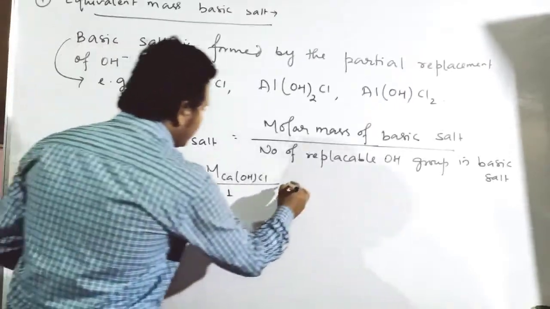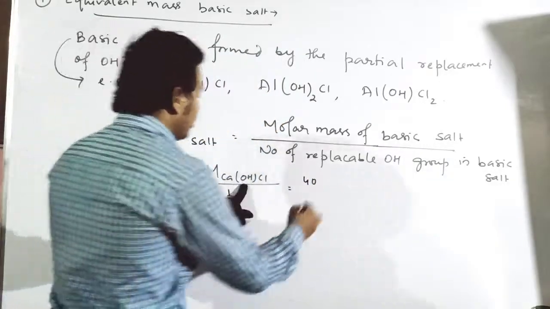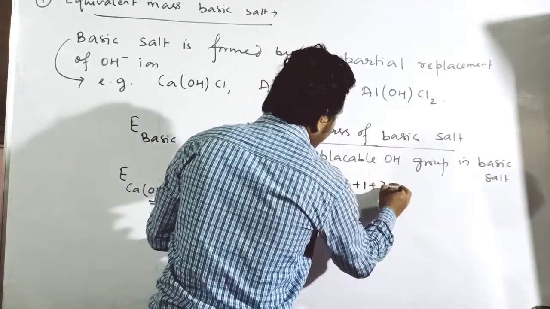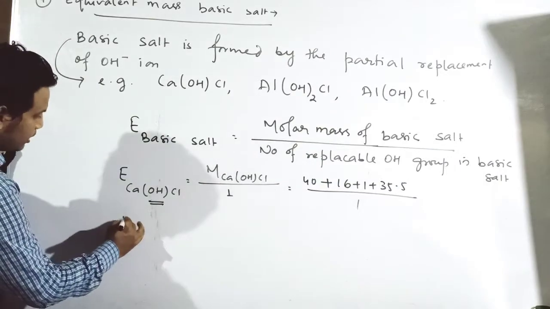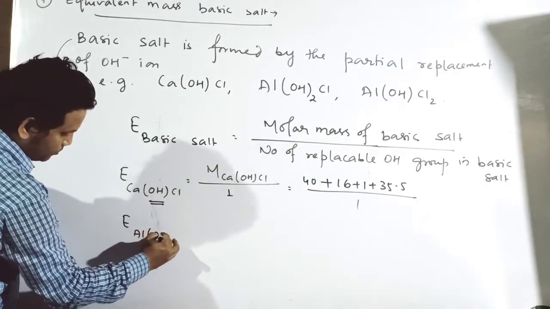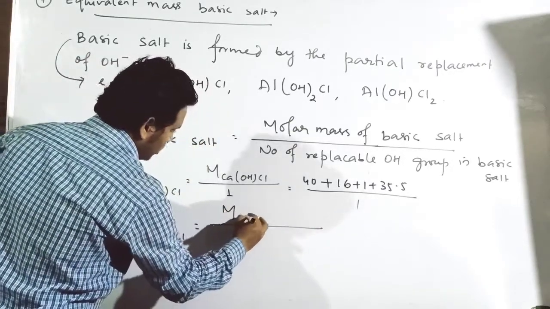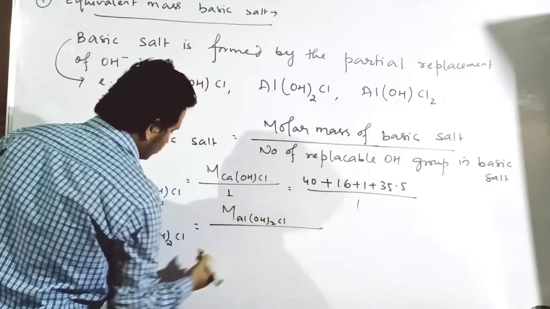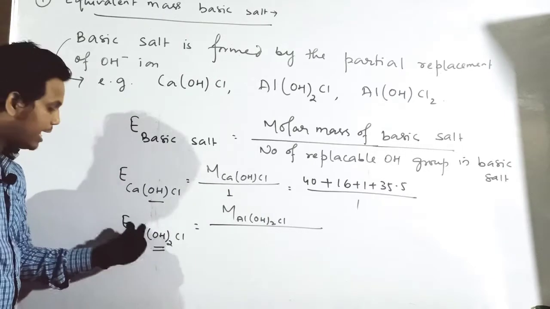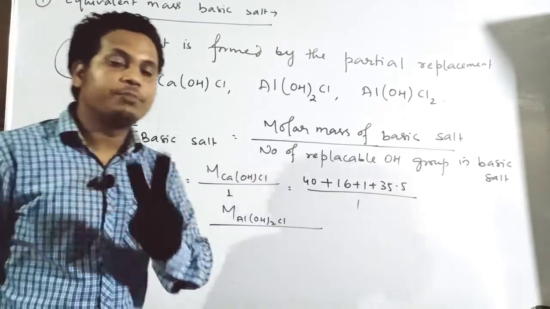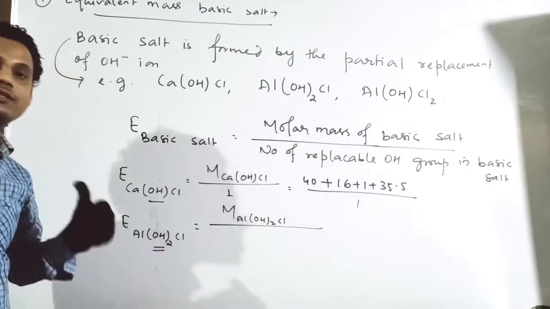Molar mass you can find: calcium is 40, oxygen 16, hydrogen 1, chlorine 35.5, divided by 1. Now simplify. In the same way, equivalent mass of Al(OH)2Cl means its molar mass divided by replaceable OH groups. How many OH groups are there which can be replaced? 2. This compound has the option that it can replace its 2 OH groups.